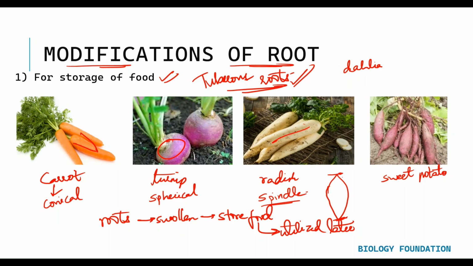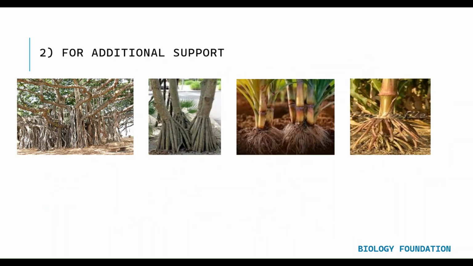For example, if there are unfavorable conditions for a plant, where there is no proper sunlight, or you are not providing proper water, then the plant utilizes the food that is stored in these roots. That's about modification of roots for storage of food. These roots are called tuberous roots.